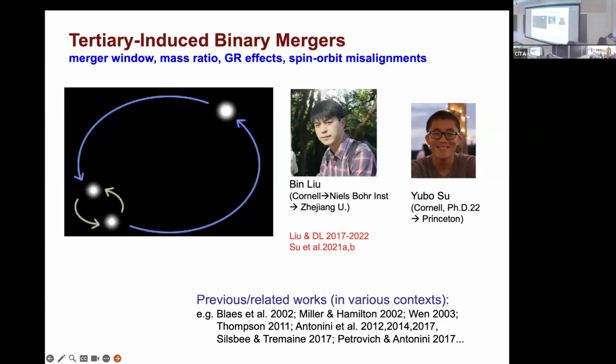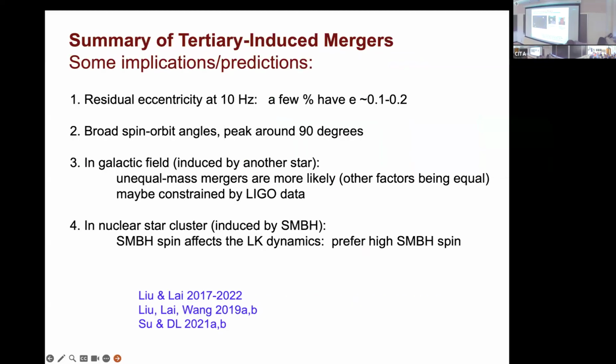Right, so before I talk about the details, let me summarize some of the key implications of this tertiary induced merger. Typically, this kind of merger would produce circular orbits, though some fraction of the systems would have finite eccentricity, 0.1, 0.2, a small fraction, okay?